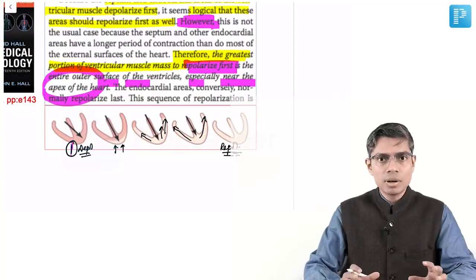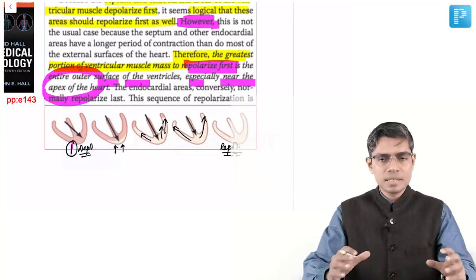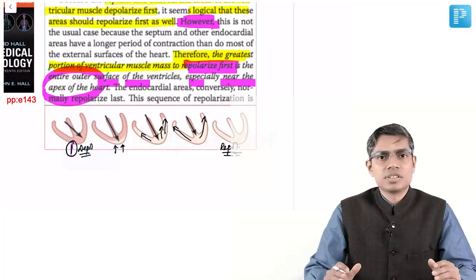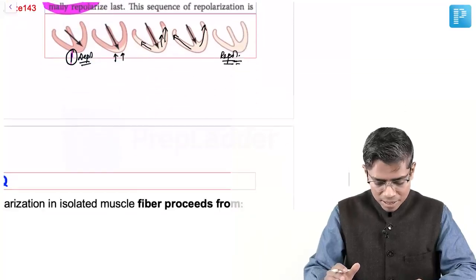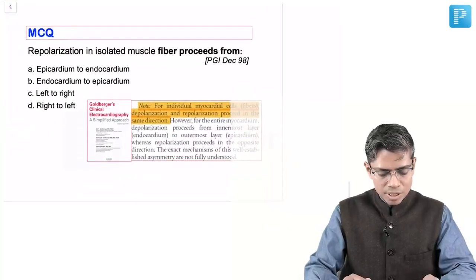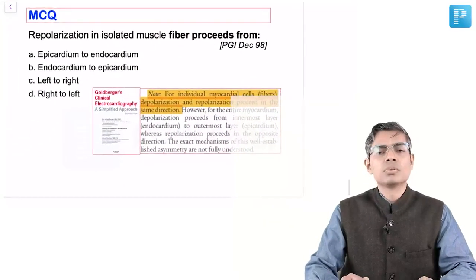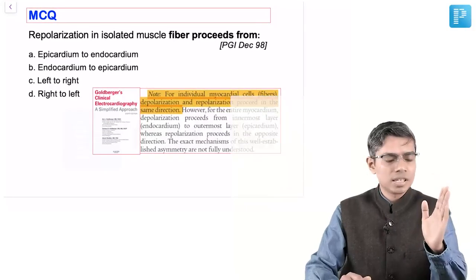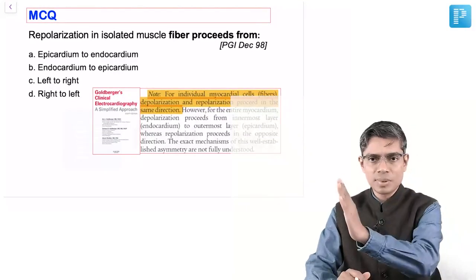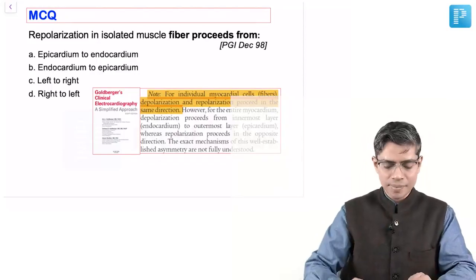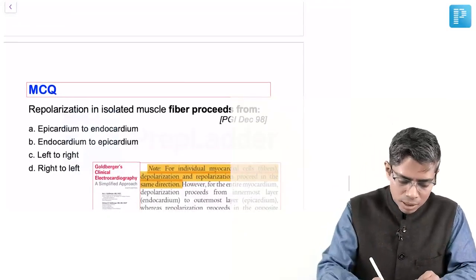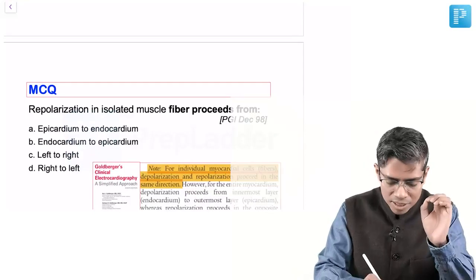So this is all about the basic structure, function, anatomy and conducting system of the heart. Okay, but before ending this session, I will show you one peculiar type of MCQ. We have seen that depolarization occurs from endocardium towards epicardium, and repolarization occurs from epicardium towards endocardium. And what is the sequence of the normal depolarization?